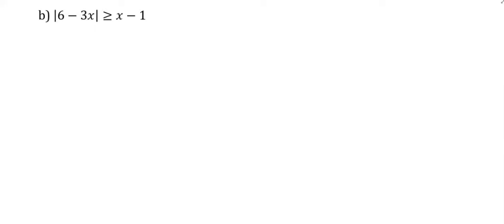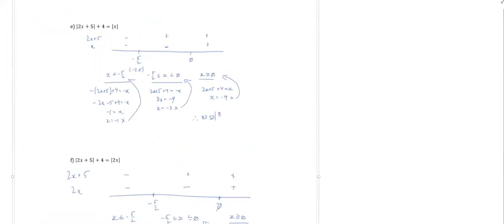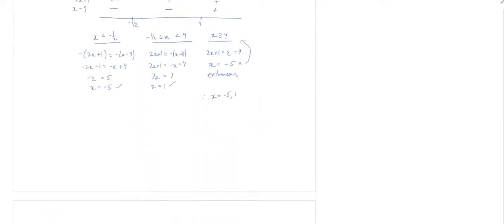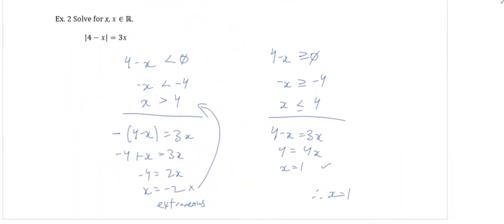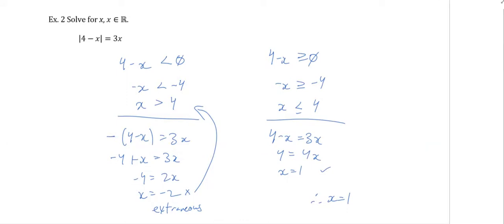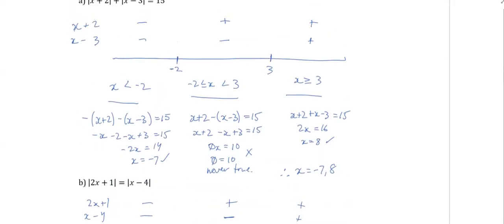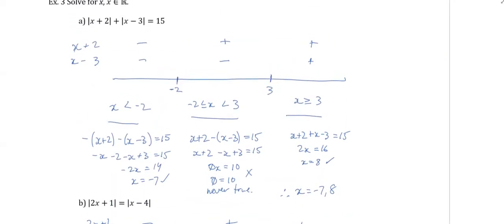By the way, before we do this one, I have a question for you. In some cases, this is yesterday's note, I got to scroll up to the top. In some cases, I only split it up into 2 cases for some questions. And for other questions, I have to split it up into 3 cases. How do you know when you do one or when you do the other?